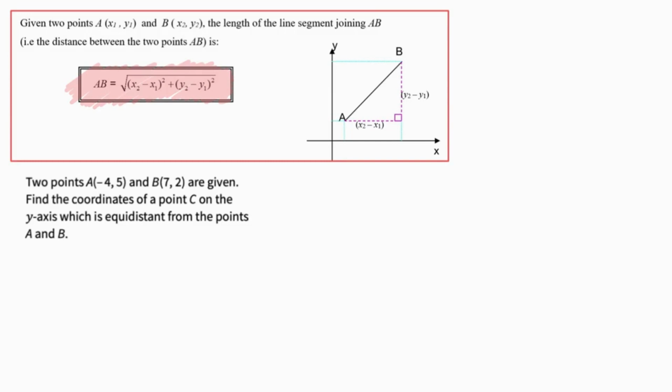We are supposed to find the coordinates of point C that is on the y-axis. This is a very important information because this tells us that, given a y-axis, which I'm going to just illustrate here very quickly.